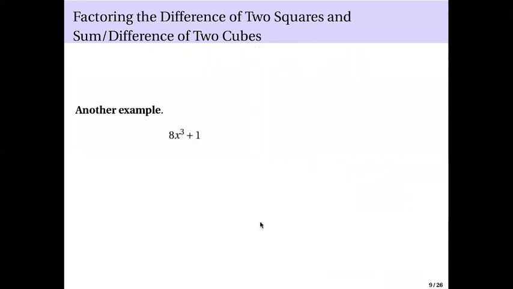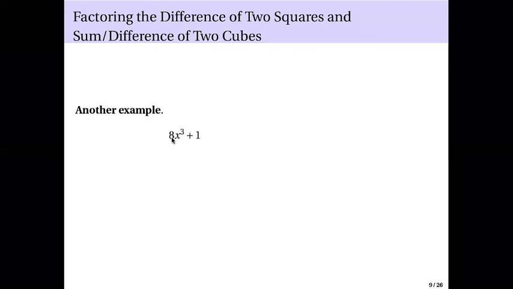Another example here, we have 8x cubed plus 1. Now, if you look at this, particularly the 8, remember that 8 is 2 times 2 times 2. You have 2 cubed, that's your 8.